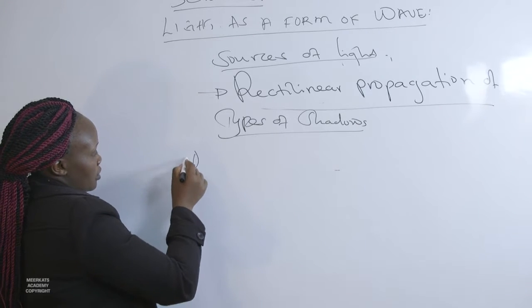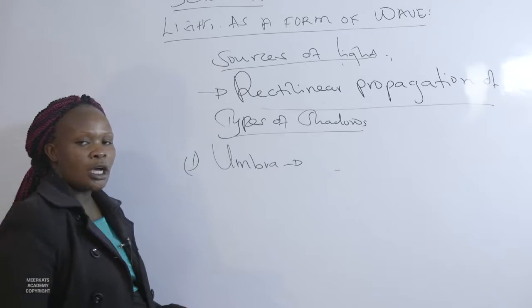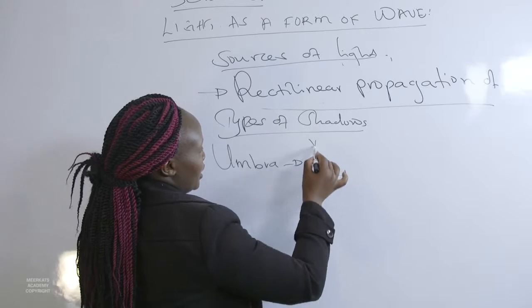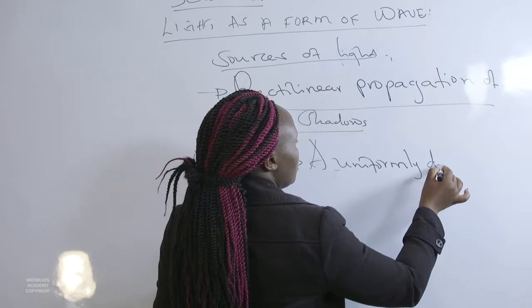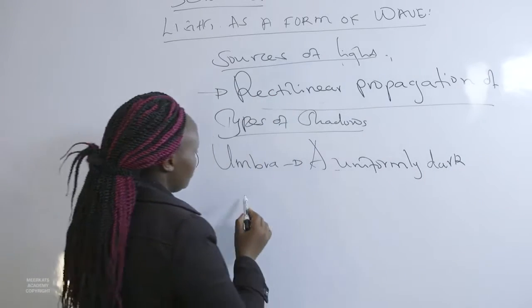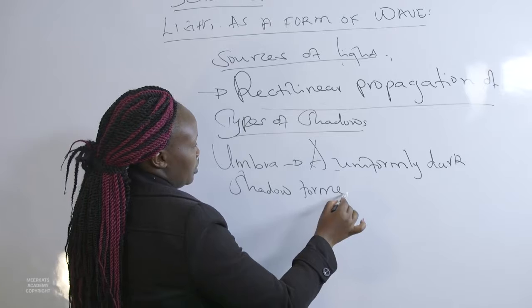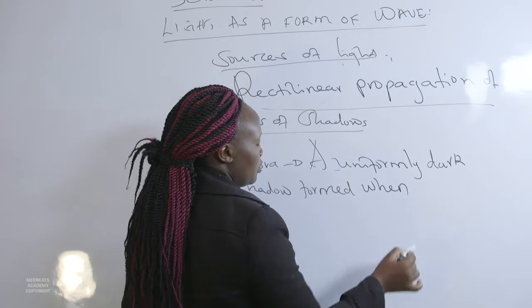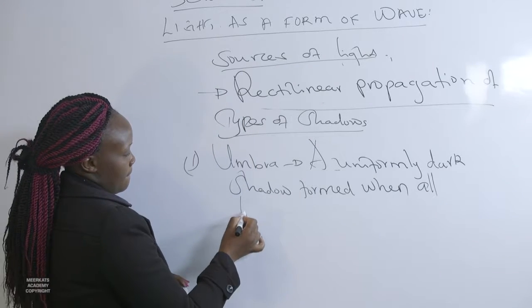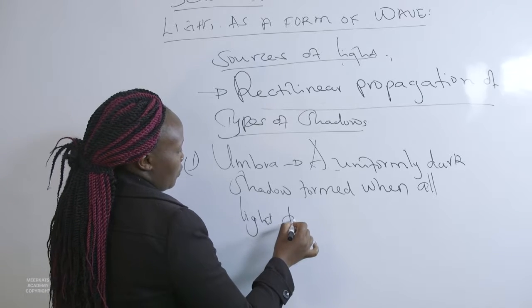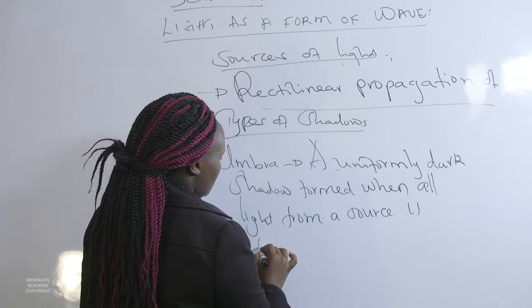And we have one, what we call the Umbra. And this one is a uniformly dark shadow, formed when all light from a source is obscured.